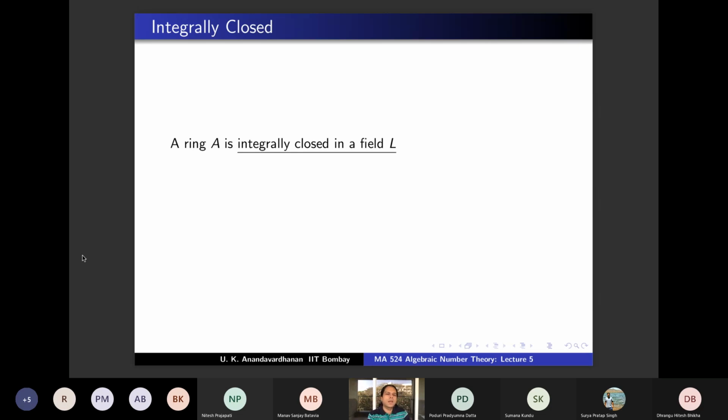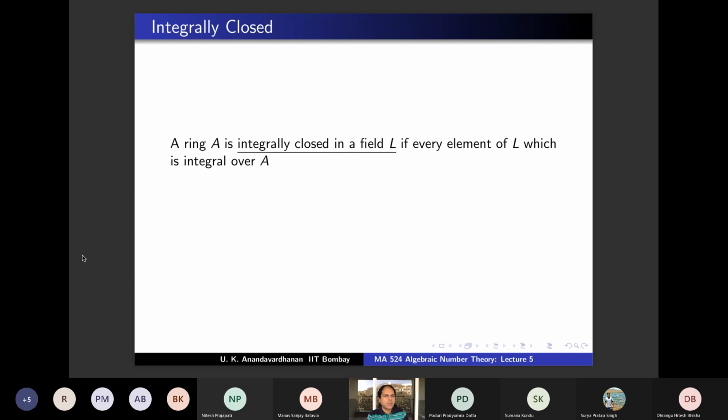So similarly, a ring A is integrally closed in a field L if every element of L that is integral over A actually belongs to A. All elements of L which are integral over A is called, what was the name?